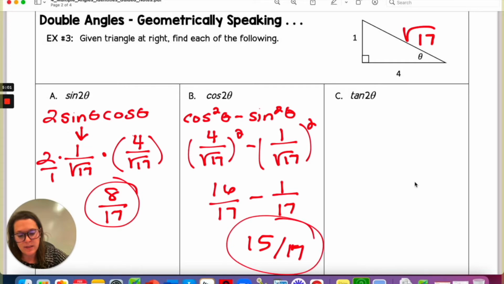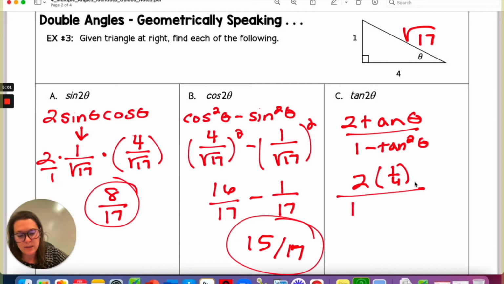Your tangent of 2 theta, our double angle says it's 2 times the tangent of theta all over 1 minus tangent squared theta. So 2 tangent, and the tangent is opposite over adjacent, so 1/4, all over 1 minus 1/4 squared.